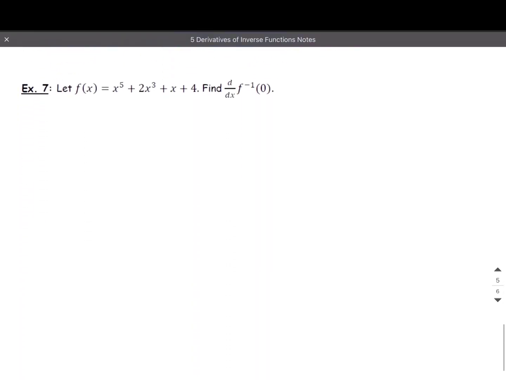Okay, last one. So here's f of x, and we want the derivative with respect to x of f inverse at 0. Now this 0 is a y of f. So the first thing we need to do is find the matching x value. So x to the 5th plus 2x cubed plus x plus 4 equals 0. You can use your C polyroots, you can use your graph, whatever you want to do.